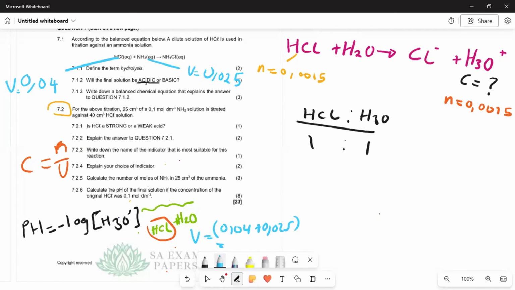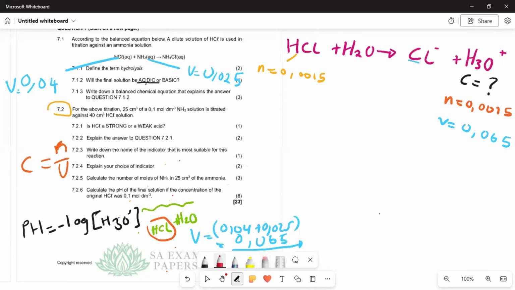If I add the two, I would get 0,065. This is the volume for all my products, meaning that the volume for this NH4Cl is 0,065. The volume for this chlorine here is 0,065, meaning that also the volume for this H3O is 0,065.